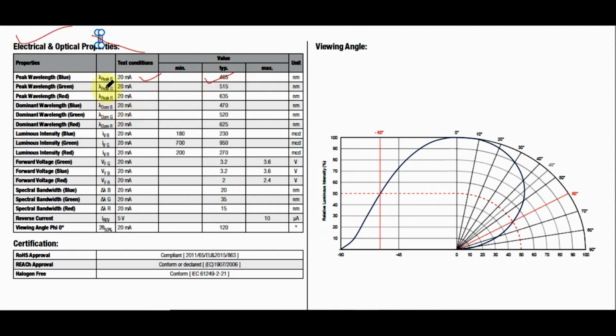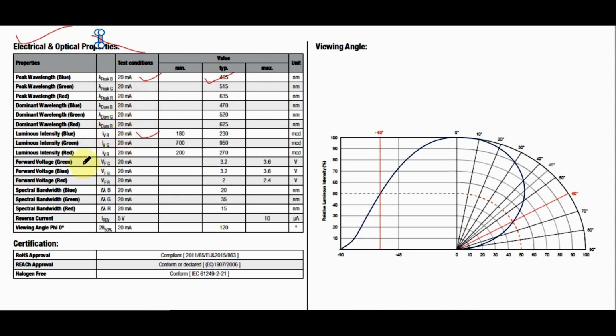Likewise for green LED and red LED. Then they have given a dominant wavelength, then luminous intensity. You have to make sure that you bias your LED at 20 milliampere, then only you will get this result.